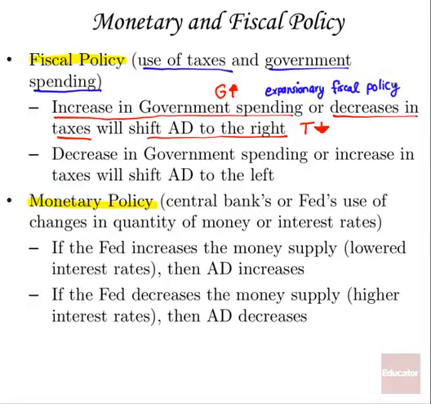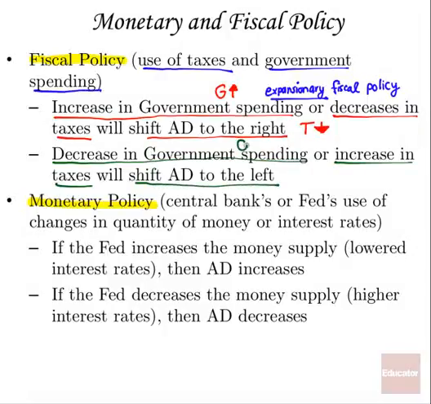When the government spends more or taxes less, people are going to have more money, either through a direct injection into the economy or indirectly, and so the economy is going to expand as a result. Now, conversely, you have the opposite. If there's a decrease in government spending or an increase in taxes, that's going to shift the aggregate demand curve to the left.